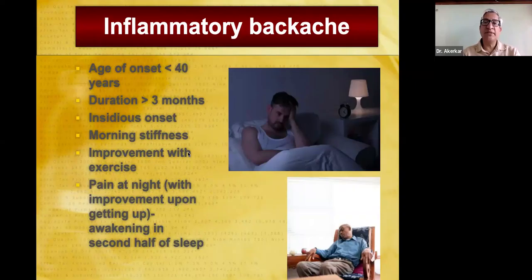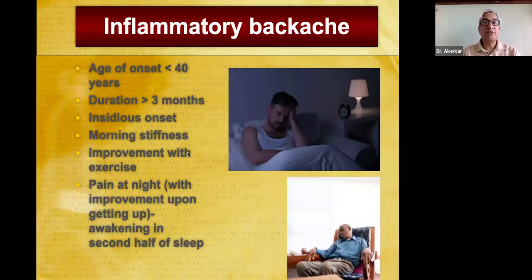Now, why does this morning stiffness really occur in inflammatory backache and the other arthritis patients also? What is the cause of the morning stiffness? What happens is, because of inflammation in the sacroiliac joints, a lot of cytokines are generated in the local circulation around the sacroiliac joints.